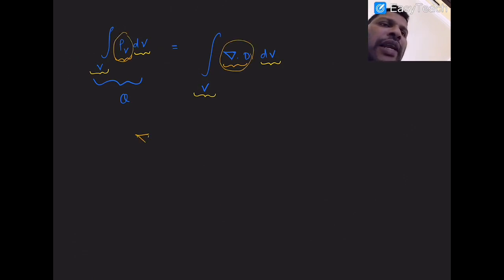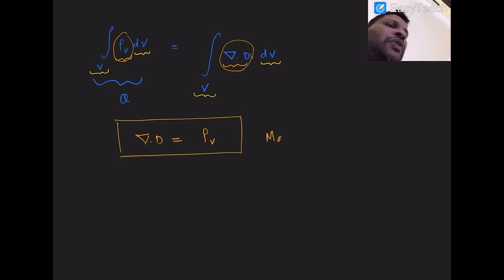So these two terms should be the same. So del dot D, that means the divergence of the electric flux density, is equal to the volume charge density, and this is one of the Maxwell's equations.